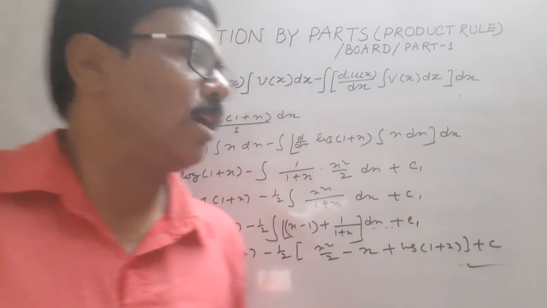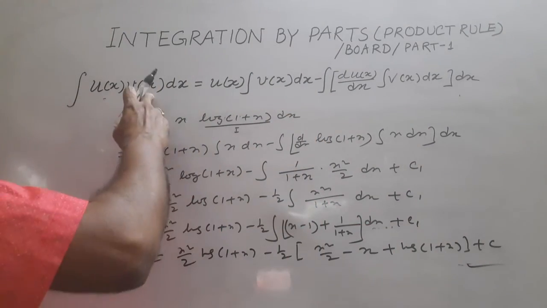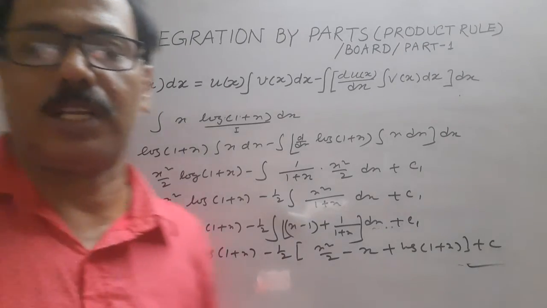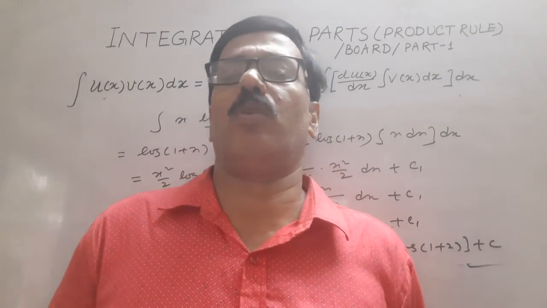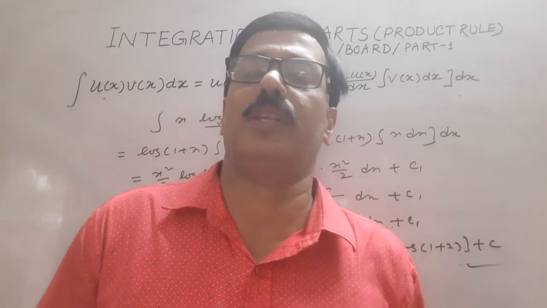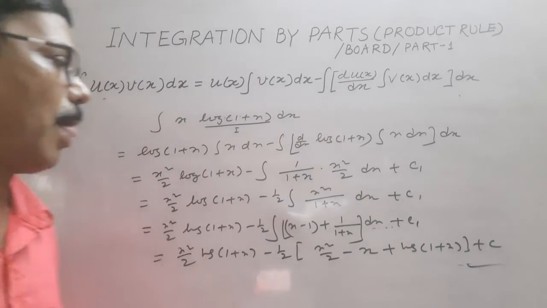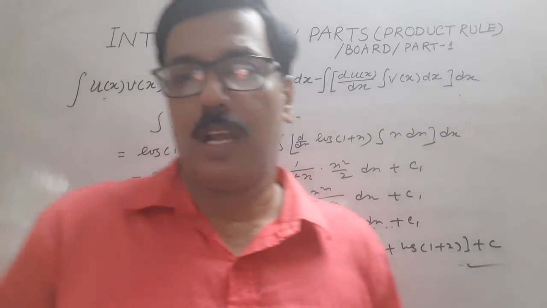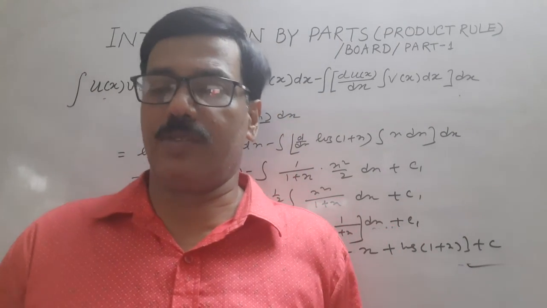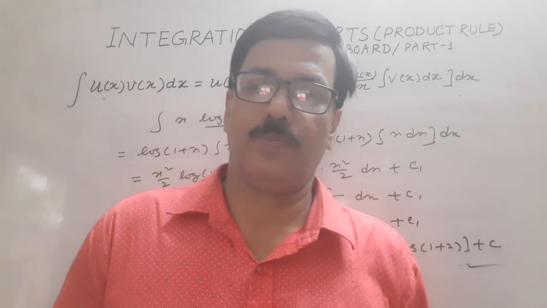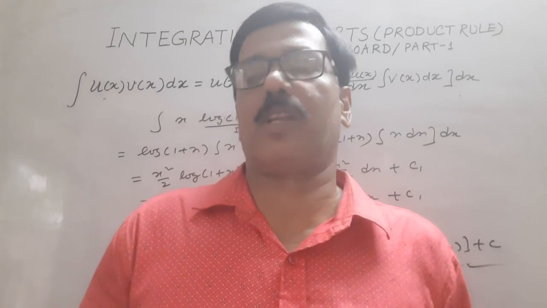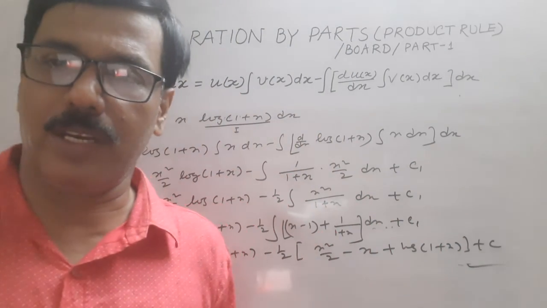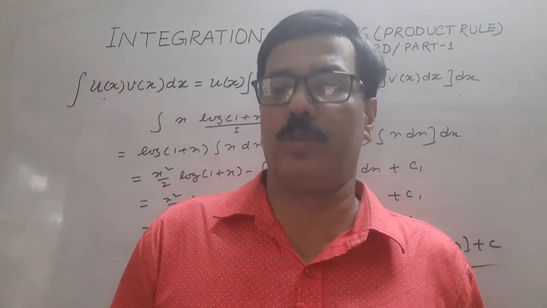Then a rule of determining first function, that is Liet rule or Eilert rule of integration. Today I have considered only simple ones. So from next class I will consider some typical ones also.